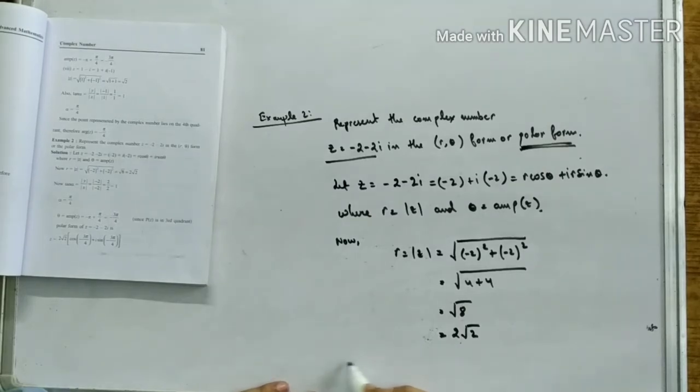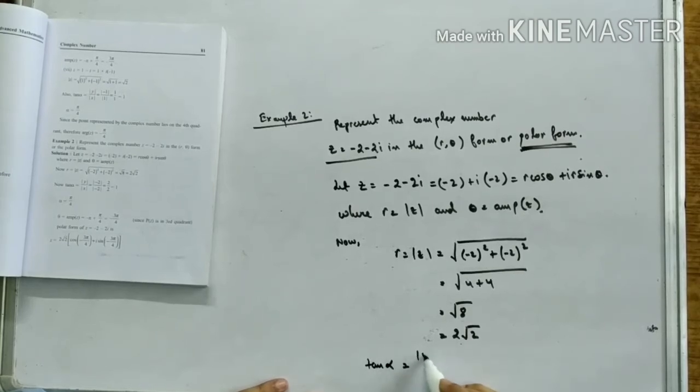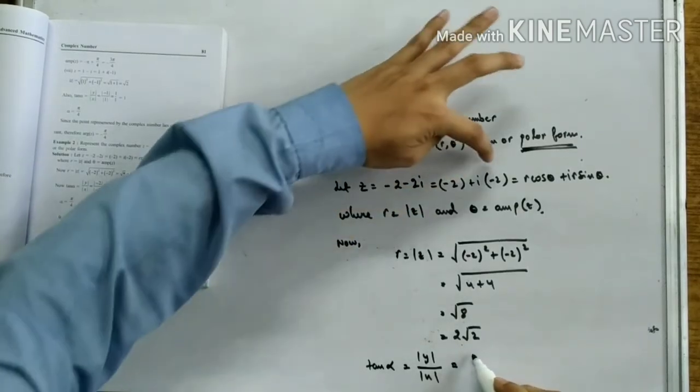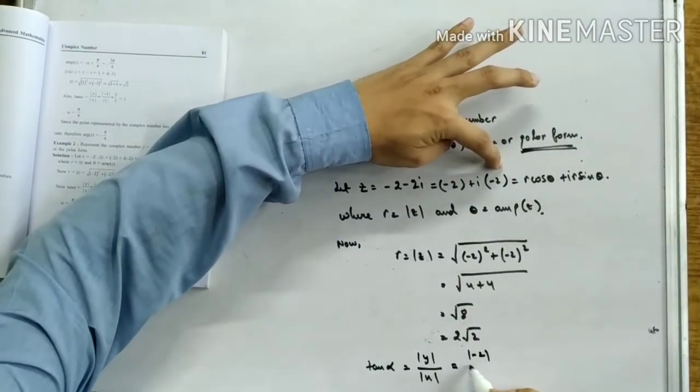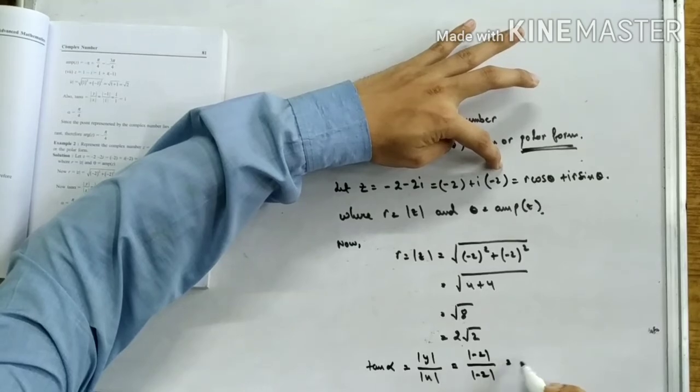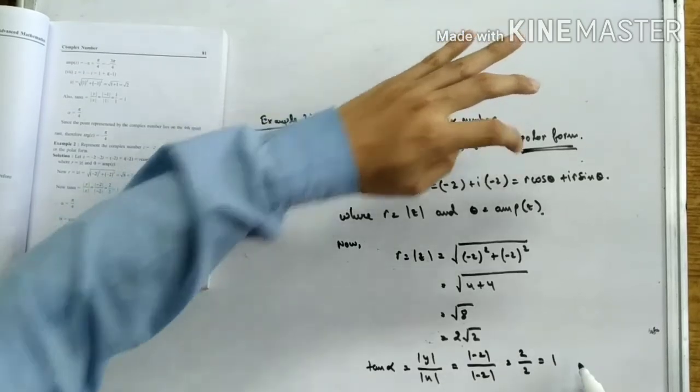Next again, I will have to find alpha. So tan alpha is equal to modulus y by modulus x. y is minus 2 here, so modulus minus 2 by modulus minus 2, which is 2 by 2, which is 1.